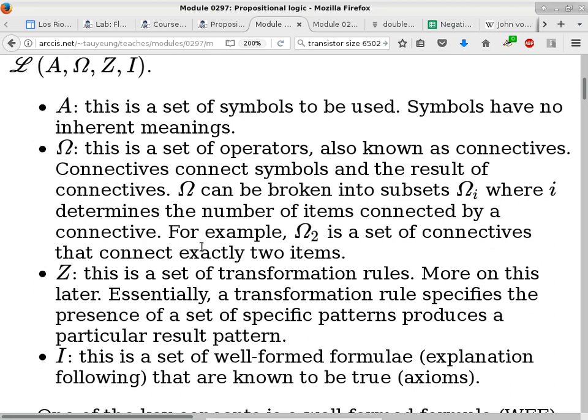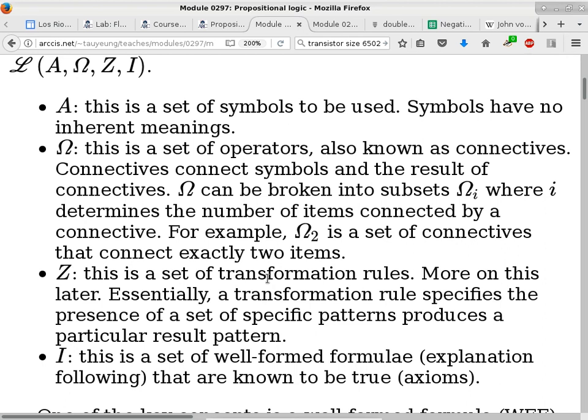Omega defines all the operators, also known as connectives, but since we are familiar with operators, we'll just call those operators. Operators can basically join symbols together, and they can also join expressions into bigger and bigger units. And then the next set is called zeta. The zeta set is a set of transformation rules.